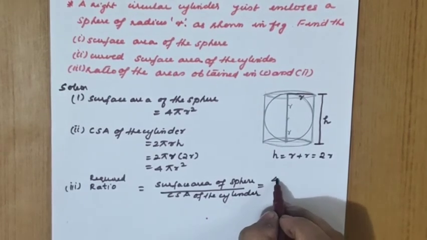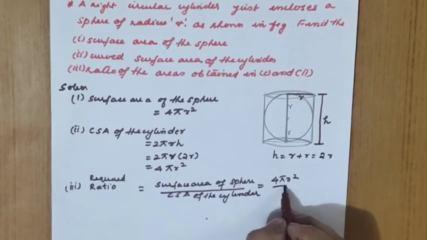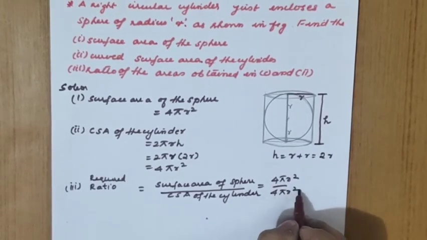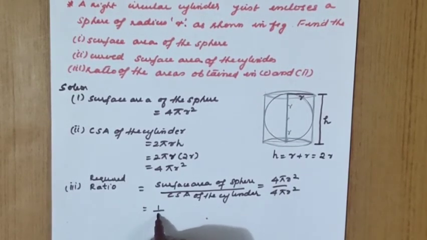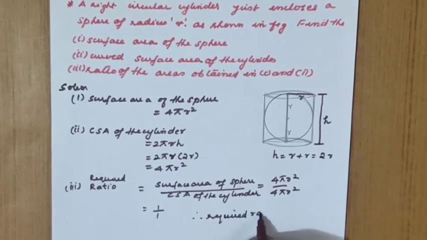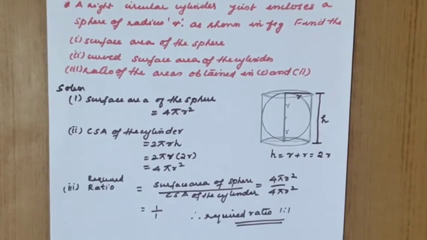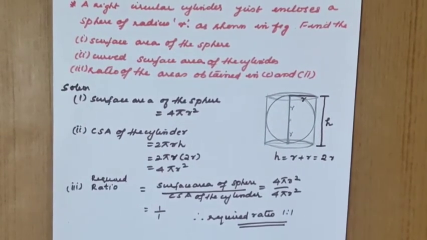It is equal to 4 pi r square by 4 pi r square. It means it is cancelled, 1 by 1. So the required ratio is equal to 1:1.